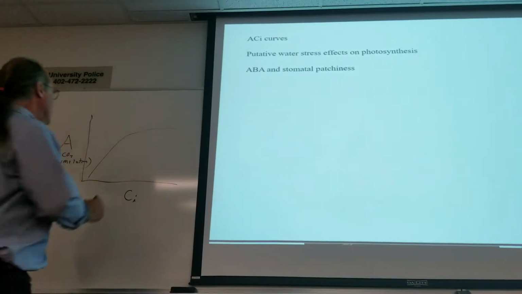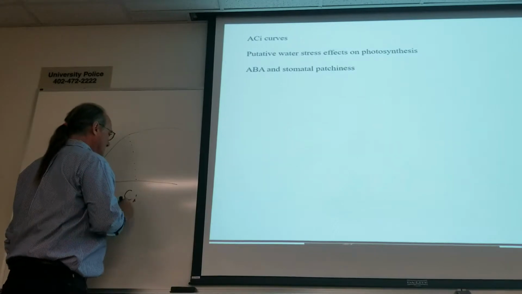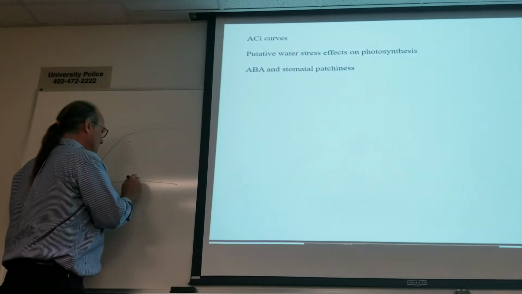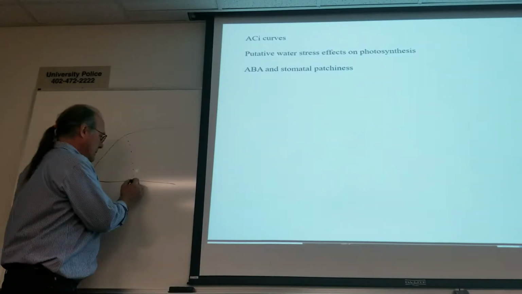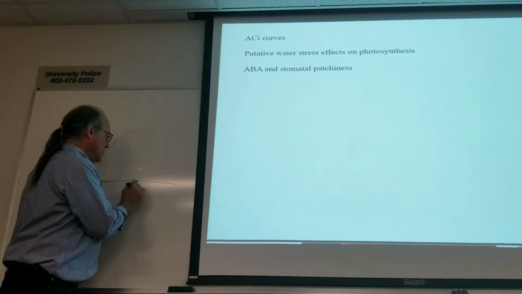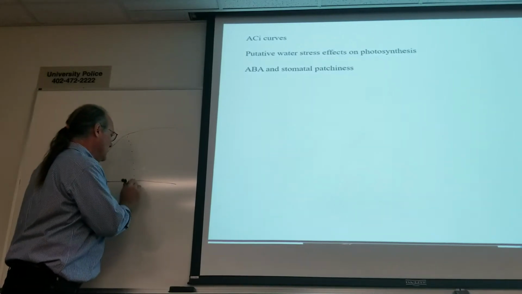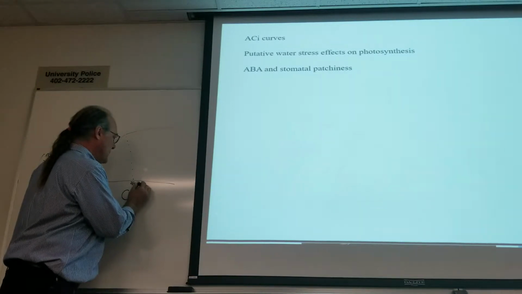where CI, let's say, this is some typical value, say, 260, whatever, 260 parts per million.